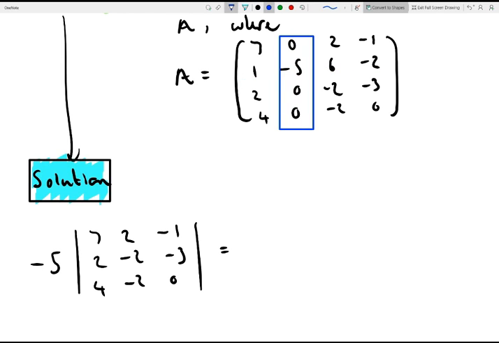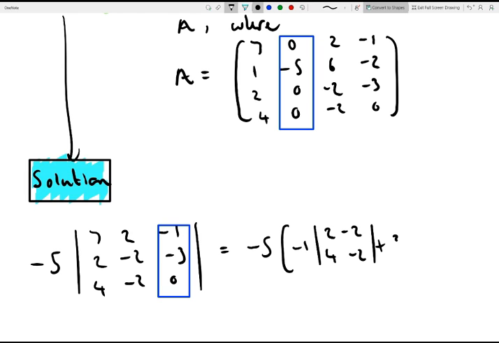So we have a 0 in the last column here, so we can work down the last column. So we're going to have minus 5 times minus 1 times the minor that's left, 2, minus 2, 4, and minus 2, plus 3 times the minor that's left, 7, 2, 4, and minus 2.